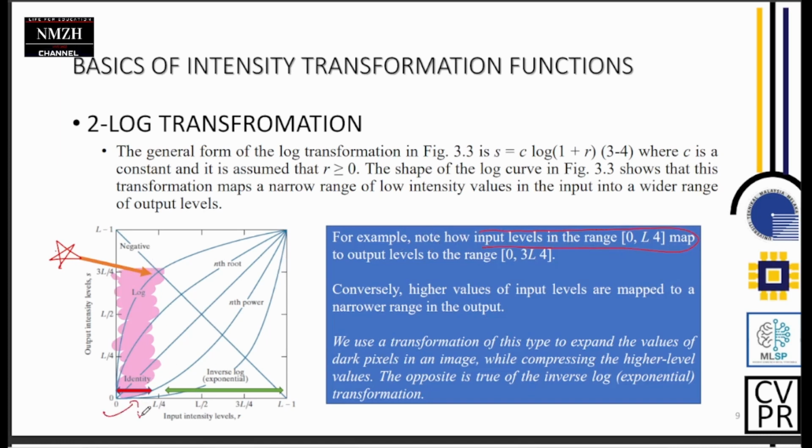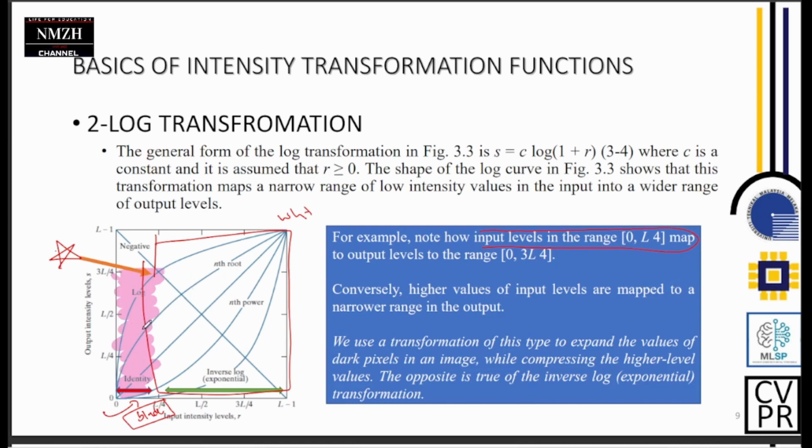This one is more or less for the black area, while this one is the white area of intensity input of the images, right? So we want to describe more on this area rather than this.